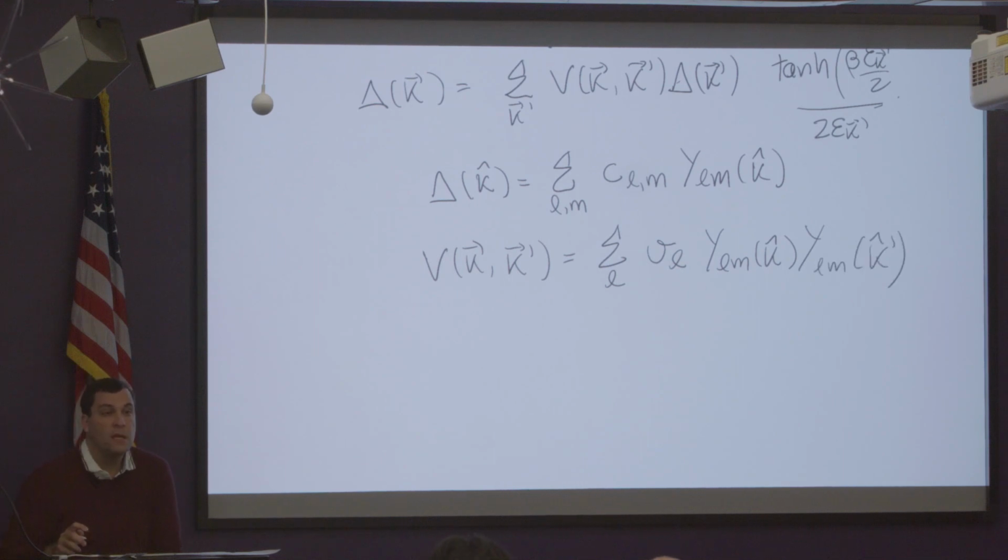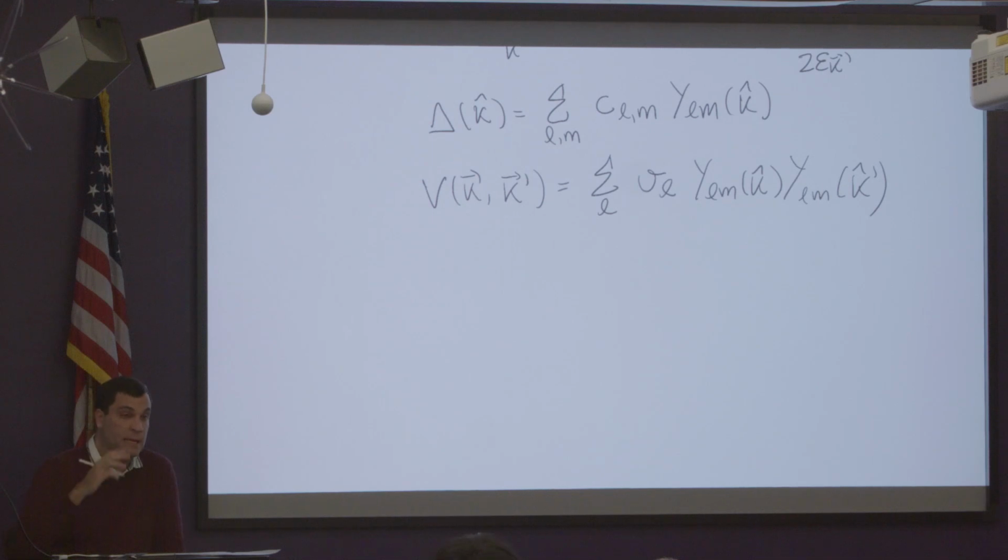And I can now plug this in. Again, I'm assuming that all that matters for my pair interaction is that it depends on momentum, and as a function of momentum it has a cutoff that you can call the Debye frequency, or just call a cutoff lambda. So then what do I get?